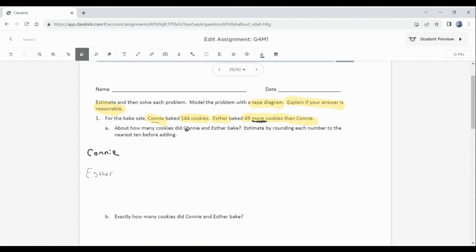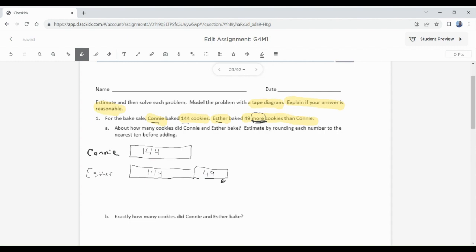Now, in the directions it says Connie baked 144 cookies, so I'm going to use this rectangle to represent the amount of cookies that Connie baked. So this right here shows 144 cookies. Now, when it says Esther baked 49 more cookies than Connie, that means Esther baked the amount of cookies that Connie made and some more. So Esther baked those 144 cookies and 49 more.